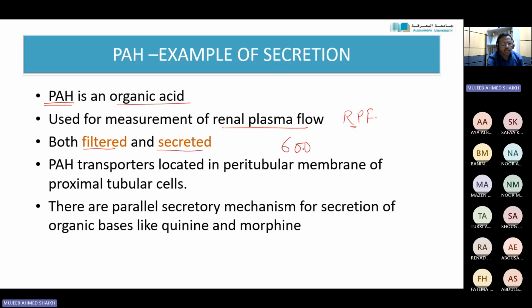We have given 600 as the clearance rate, whereas GFR is 125 only. PAH transporters are located in the peritubular membrane of the proximal tubular cells. There is a parallel secretory mechanism for secretion of organic bases like quinine and morphine. So organic acids and organic bases both are removed from the body by the process of secretion.